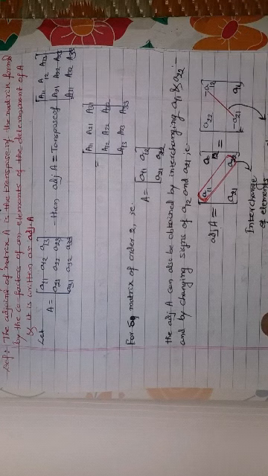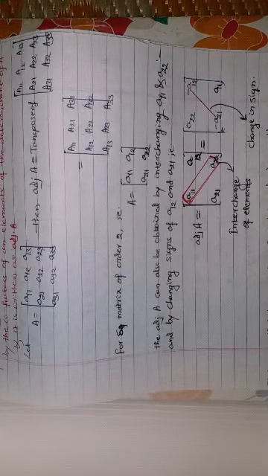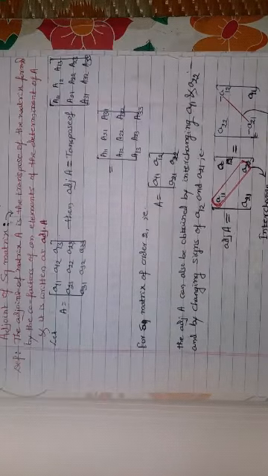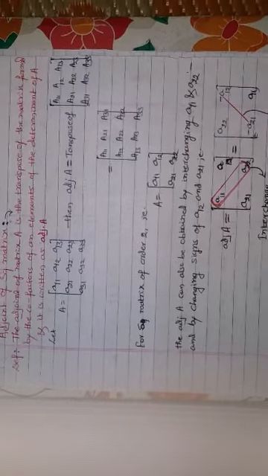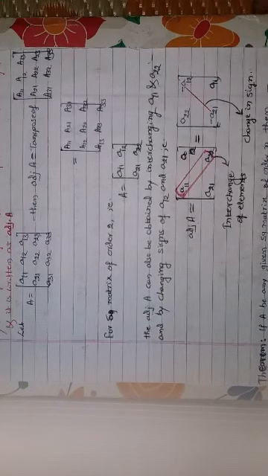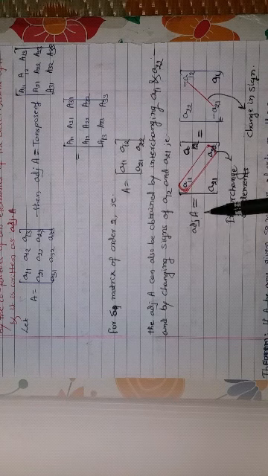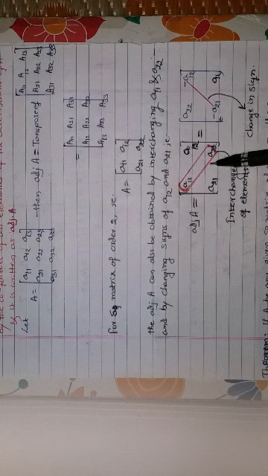Change in sign and interchange of elements. Am I right here? Therefore, in this manner, we can find the adjoint A of a square matrix of order 2.